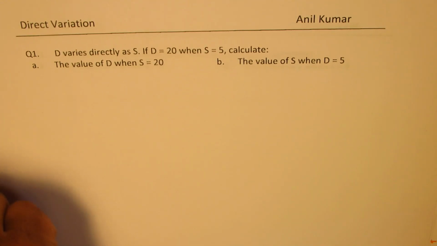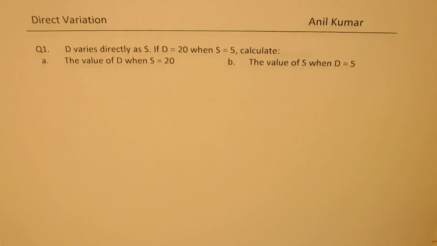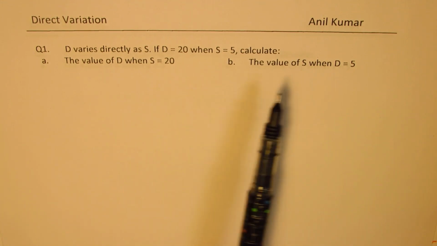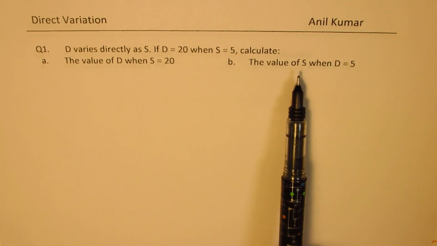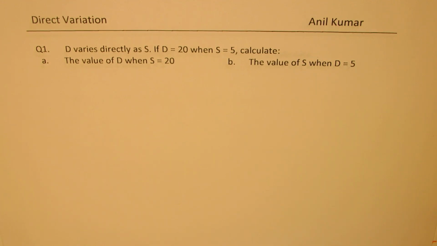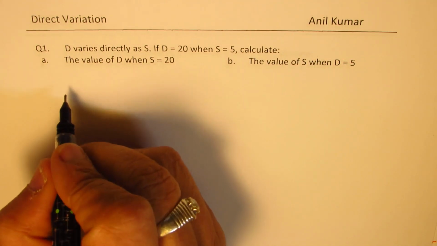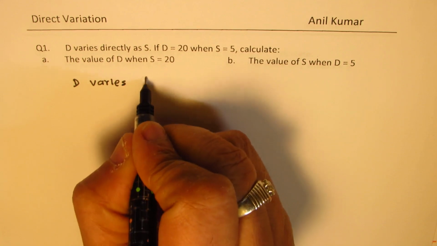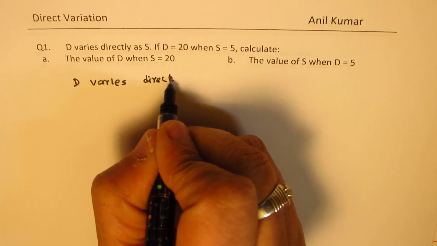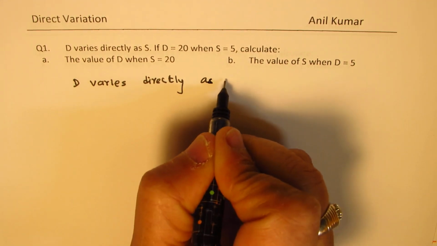The very first question for us is: d varies directly as s; if d equals 20 when s equals 5, calculate two things. First, the value of d when s is 20, and the value of s when d is 5. Let's begin with the definition itself. We have written that d varies directly as s.